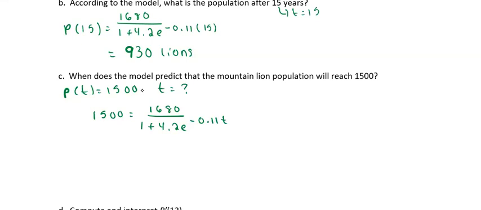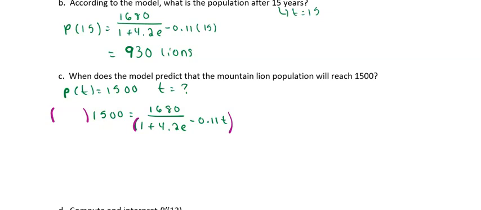Well, let's do a little bit of what I call switcherooing, which means we need to rearrange this equation, switch it around a little bit so we can solve for t. So if we multiply both sides by our denominator, and then we divide by our 1,500, we'll have 1,500 over here.